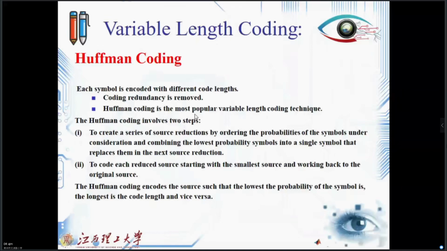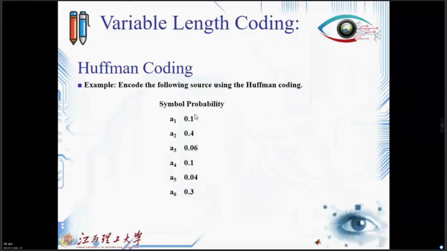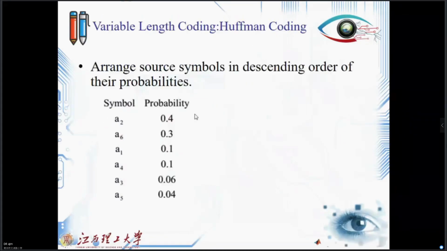Some more examples. Suppose we encode the following source using Huffman codes with these probabilities for A1, A2, A3, A4, A5, and A6. What should we do? First, we should arrange the source symbols in descending order, from high to low.